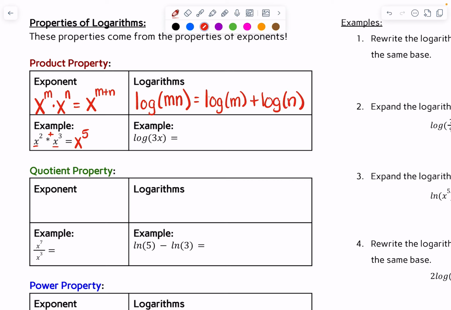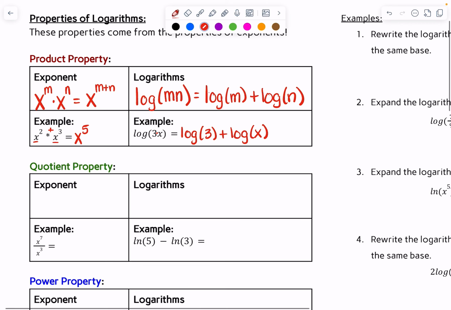As an example, like the log of 3x, we know that there's understood multiplication between the 3 and the x. So we can expand that to be the log of 3 plus the log of x. So that's our product property. When we're multiplying inside the logarithm, we can expand that out using addition. And if we see multiple logarithms with the same base being added, we can condense that down using multiplication. So we can move in both directions here.